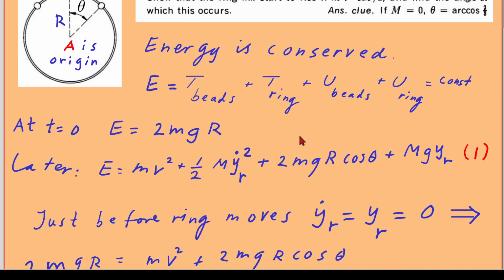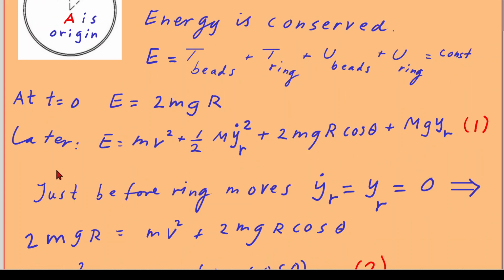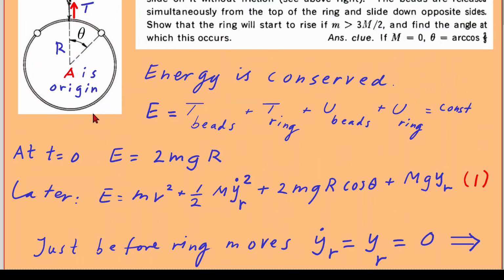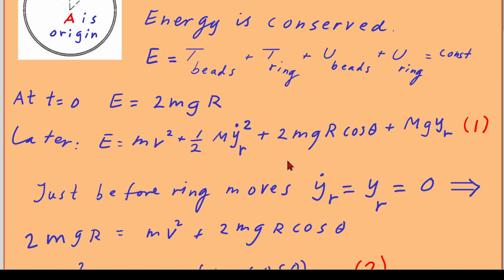So it's a very general equation here. But anyway, the fact is, just before the instant this ring moves, it's still situated like this. Its y value is 0, and also the velocity is 0.